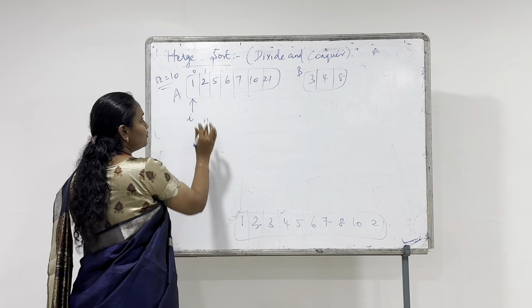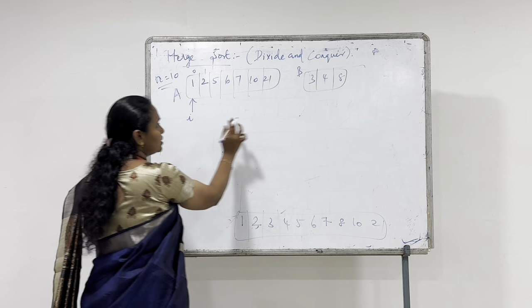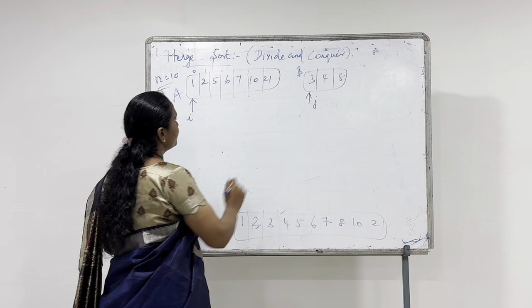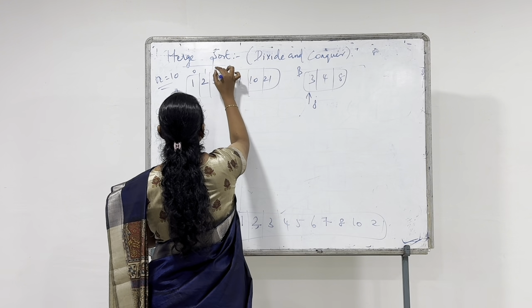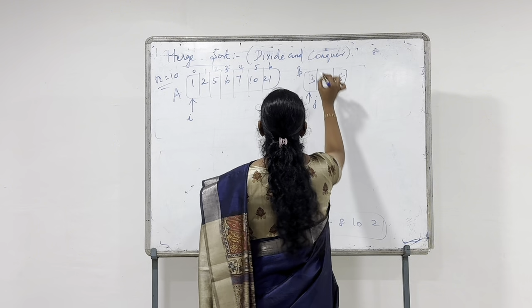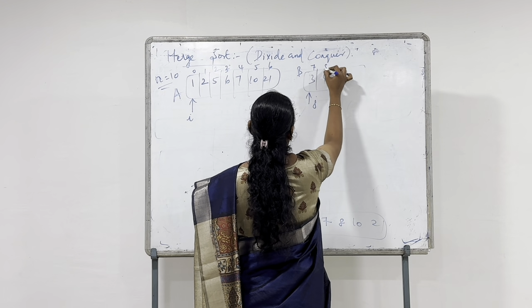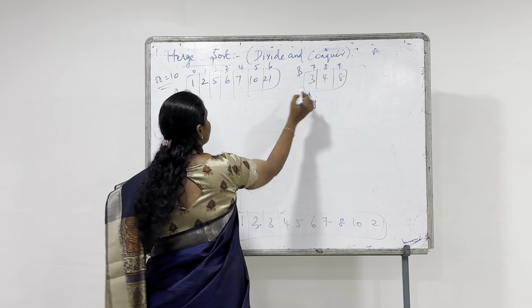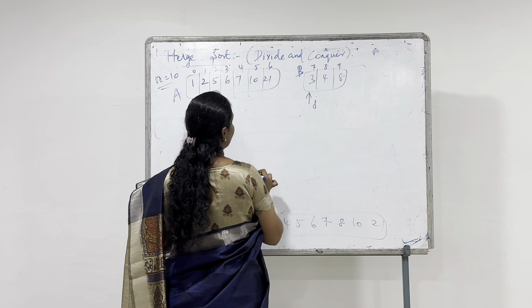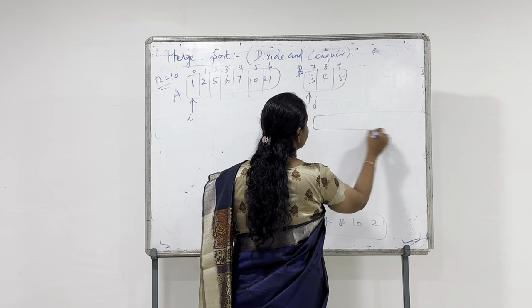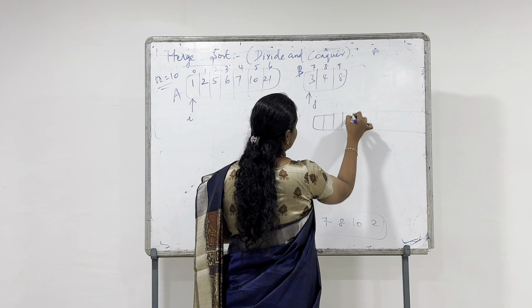For doing merge sort, use two pointers. For A array there is a pointer which is I, and for B array there is a pointer that is J. This is the array B, and our resultant array is called the C array.